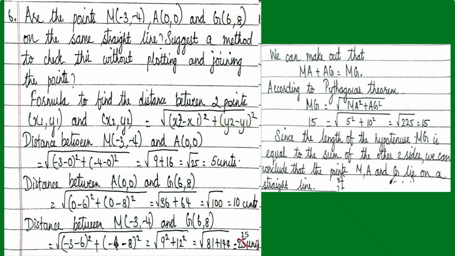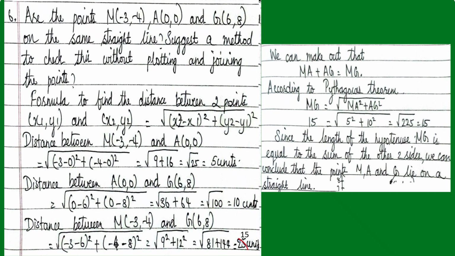From the values, we can make out that MA plus AG is equal to MG. According to Pythagoras theorem, MG is equal to square root of MA squared plus AG squared. So it satisfies the given condition. MG is 15 and the value of square root of MA squared plus AG squared is also 15.